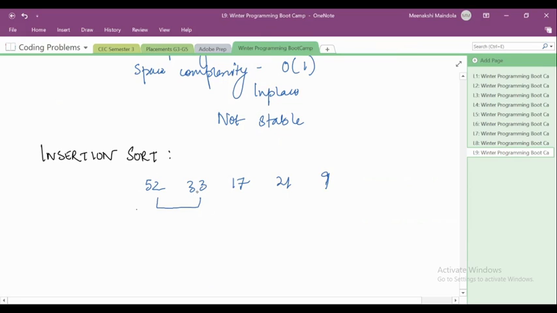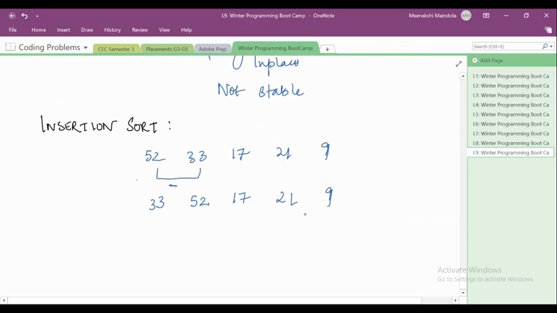If the second element is less than the element that I picked up first, then I first copy the first element here, and the smaller element stays in a temporary variable. Then it is compared to the previous elements. In this case you do not have any previous elements, so it keeps it in a temporary variable and then simply stores it at its correct position.